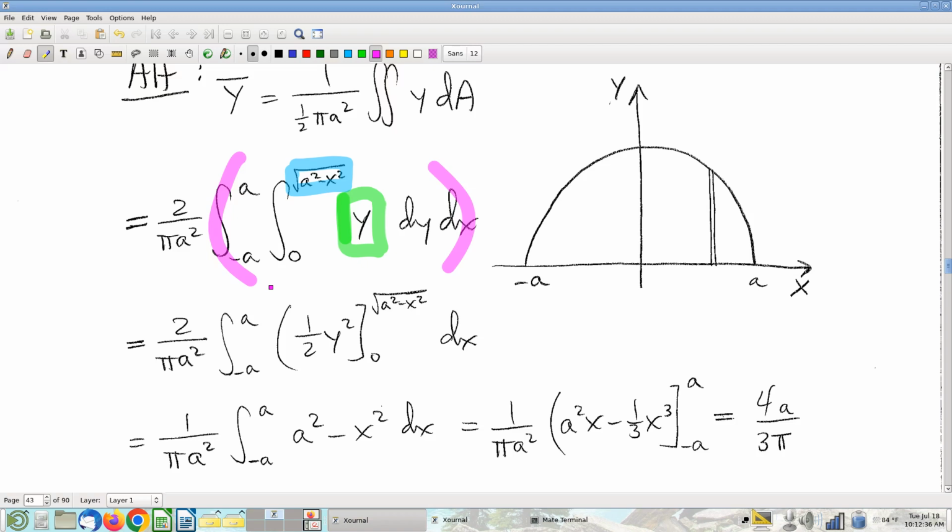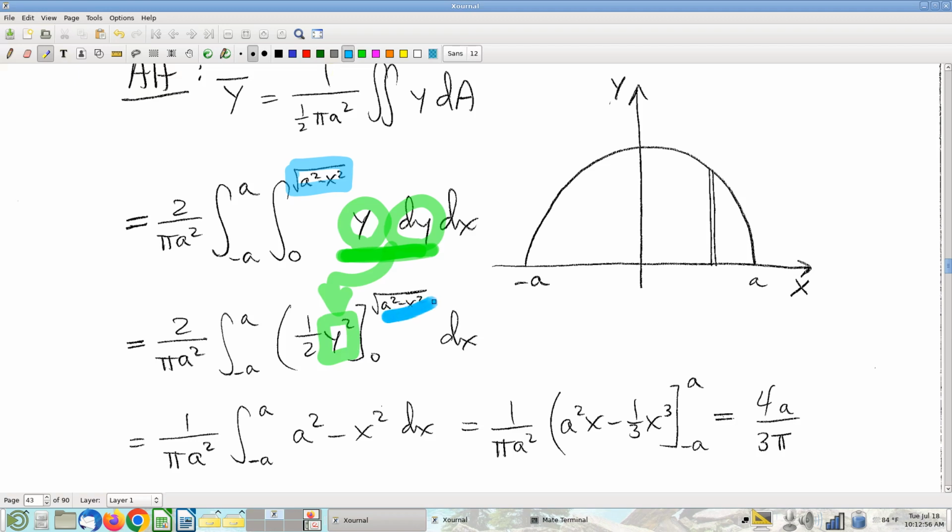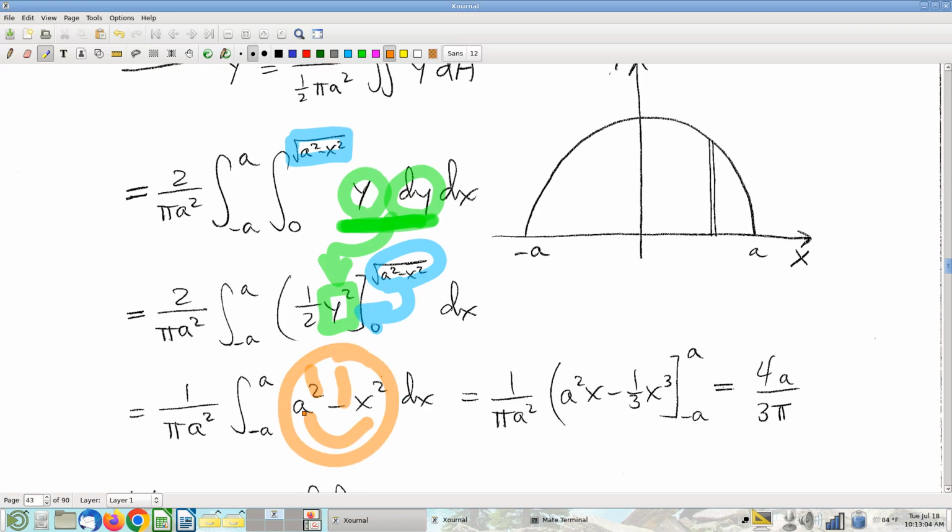So my little hack that I encourage y'all to take advantage of is to think strategically. This y that I'm going to be integrating, if I were to do the dy integral first between this pairing, that makes me have a square, and when the square root goes into the square, it disappears. And I get a much nicer integrand.